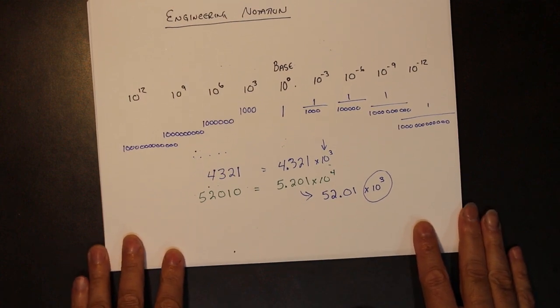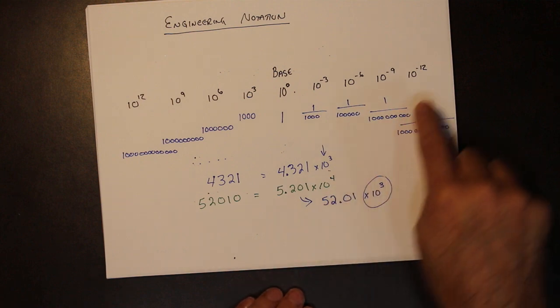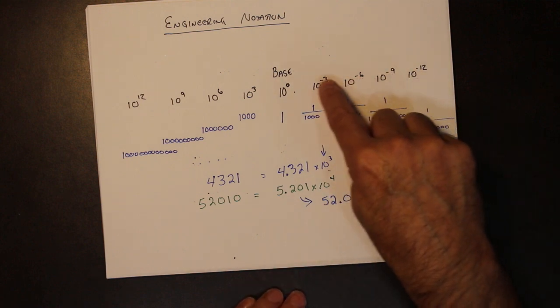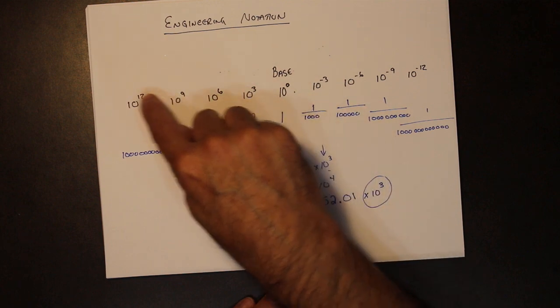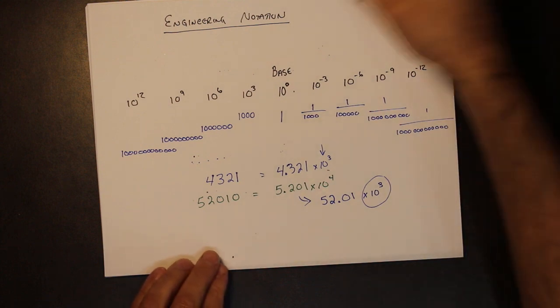What I mean by that is that for each of these powers, there's actually a word that is used to describe them. Most people are familiar with them already, so I'll just label them all here.